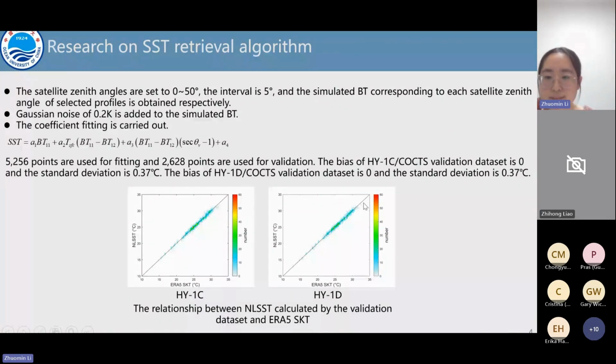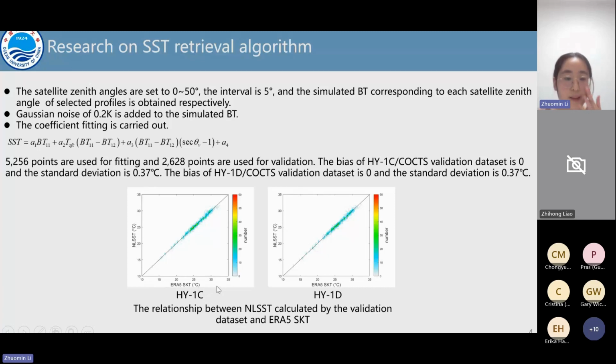The bias of HY-1C COCTS validation dataset is 0 and the standard deviation is 0.37 degrees. The bias of HY-1D COCTS validation dataset is 0 and the standard deviation is 0.37 degrees too. And the figures show the relationship between NRSST calculated by validation dataset and the profile SKT for HY-1C and HY-1D respectively.